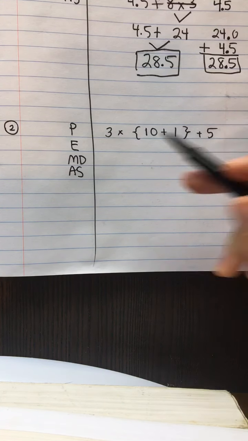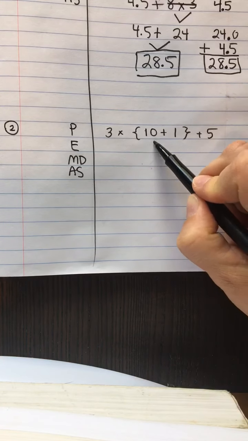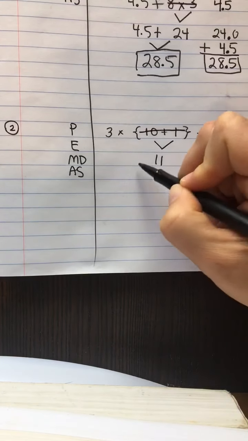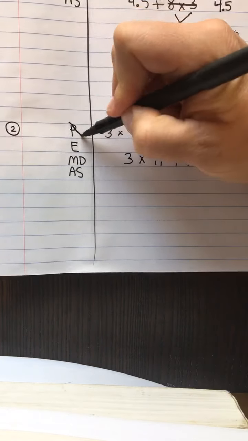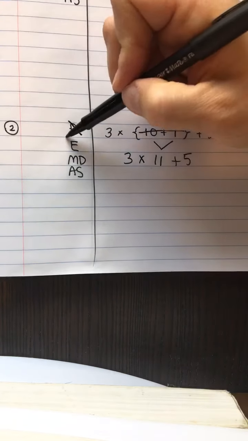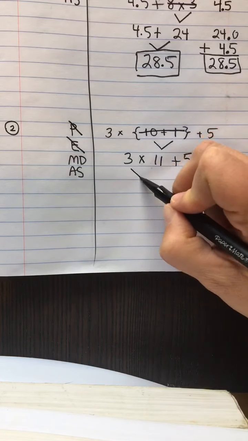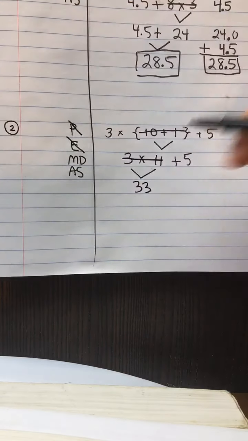All right, and then I go through in parentheses. It's any grouping symbol, so I'm going to do that 10 plus 1 first, getting 11. Cross it out and bring everything else down. Now I'm done with my parentheses. I have no exponents. If I look, I have some multiplication or division, so I'll do that next. 3 times 11 is 33. Cross that out.